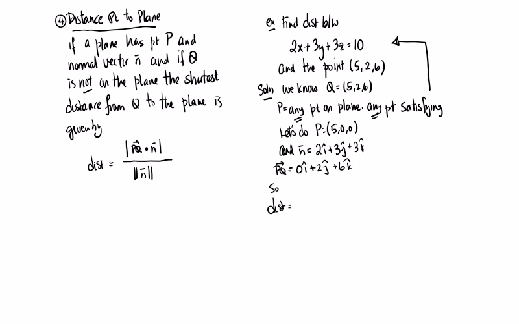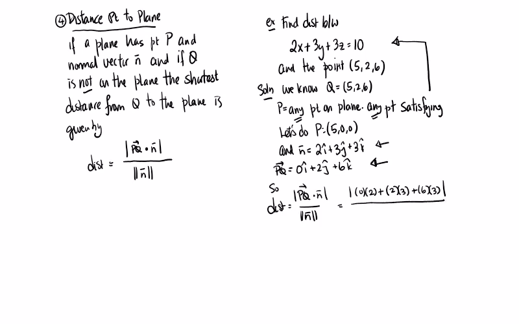So the distance, write down the formula. Absolute value. So take the dot product of PQ, there is our PQ, and there is our n. So we dot those. Remember how that works. Let me actually write this out officially. That's 0 times 2 plus 2 times 3 plus 6 times 3, absolute value.